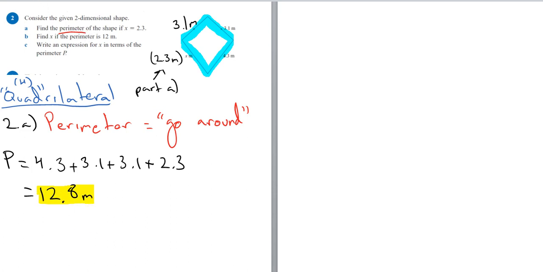Okay, then for part B, so 2B, we're told that the perimeter is 12 meters, and then we're asked to find x. This 2.3 that was true for part A is no longer true. We can't use that anymore. That was just for part A. So for part B, it's going to change. What do we know for part B?